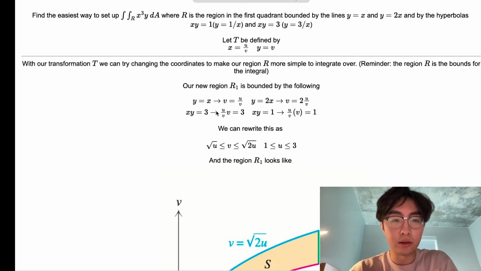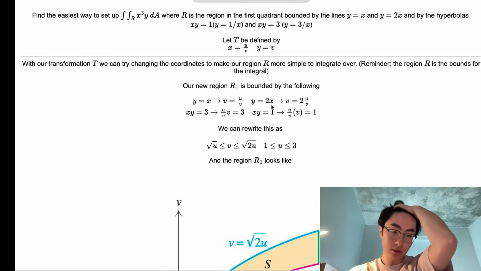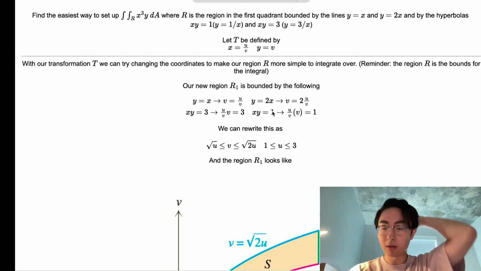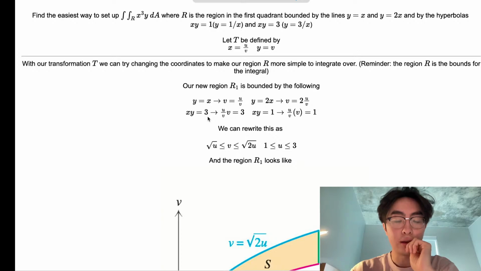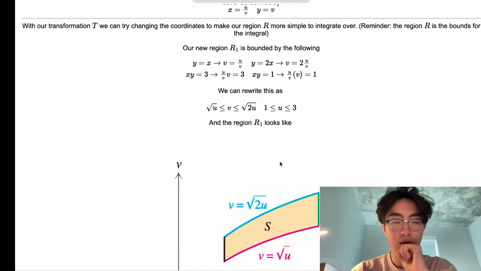So y is equal to x, v is equal to u over v, y is equal to 2x, v is equal to 2 times u over v, xy to 3. So uv times u is equal to 3 by xy 1 uv. So this will just cancel out u. Okay.